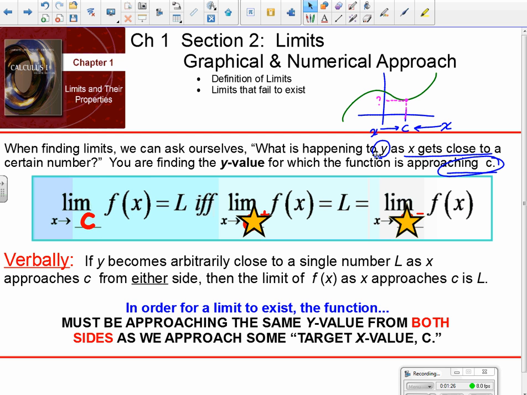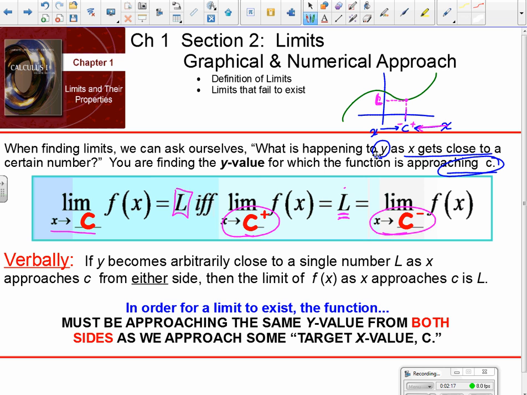The limit as x approaches c of my function f of x equals some number L if and only if, as x approaches c from the right, I get that value L, and as x approaches c from the left, I get that value L. So I'm coming into c from the left side and I get this value, let's call it L, and as I come in from the right side of c, I also get this value of L. Then we have a limit that exists.